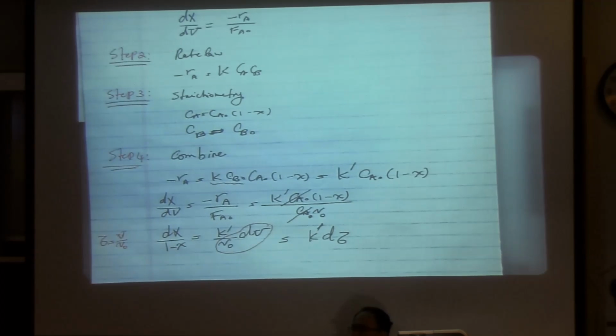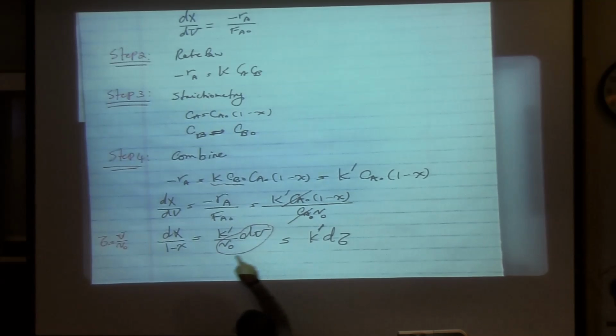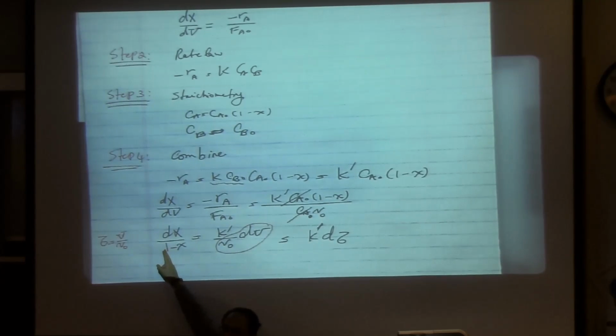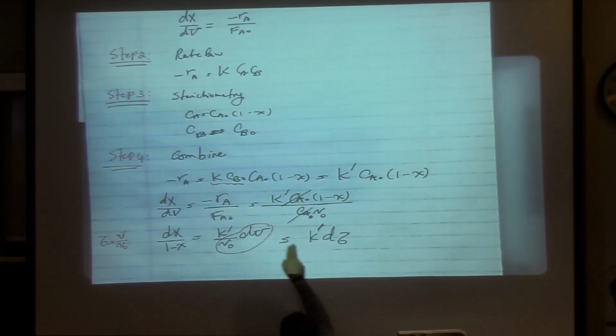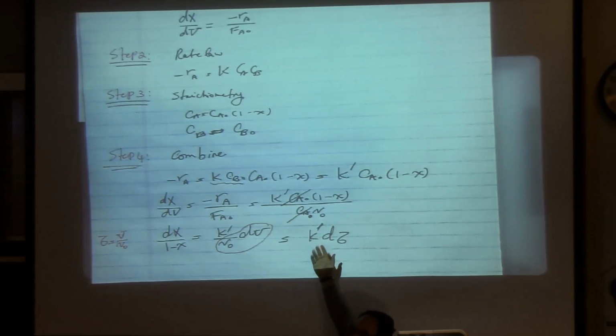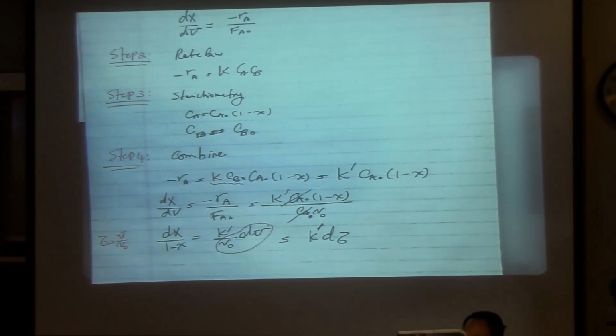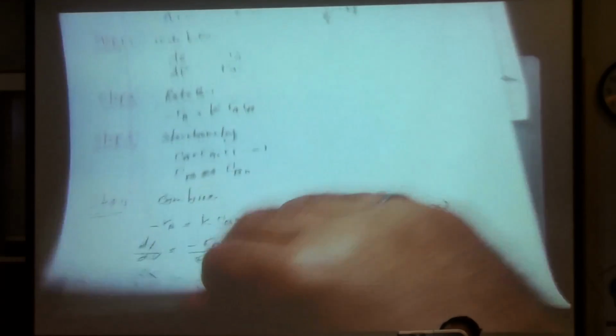Any other question? Then the next stage, you just integrate this one. So the integral of this one would be minus ln(1 minus X), and this one is k' tau, and then you need to apply your condition and solve it. I'm going to do it just for the sake of doing some exercise.